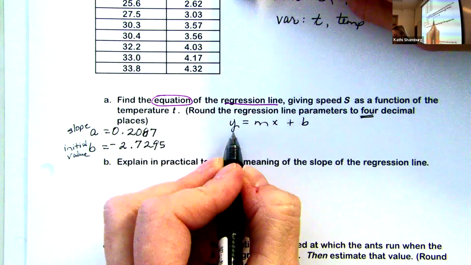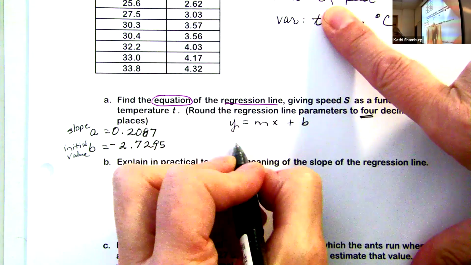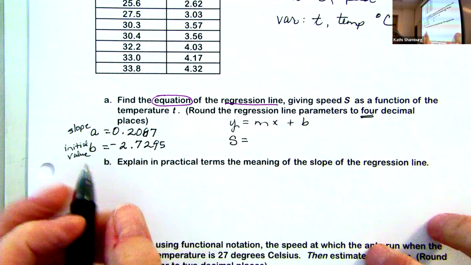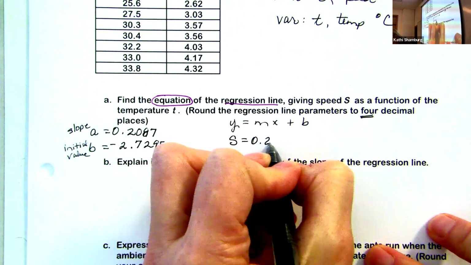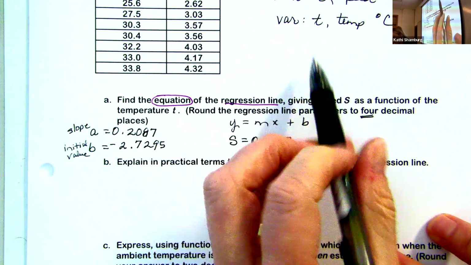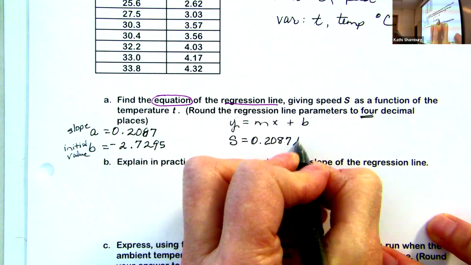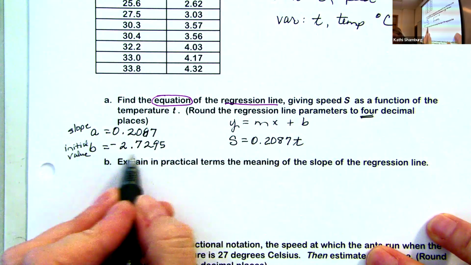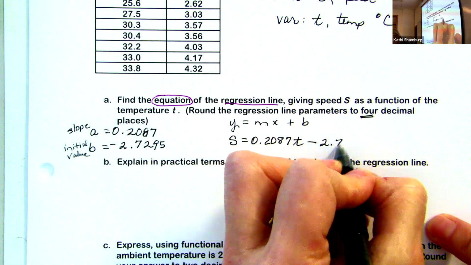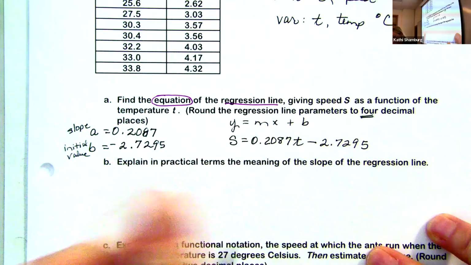Y is your function, and we called that s. The calculator gave us the slope of 0.2087, and instead of x, we're going to use t. And the initial value is negative, so I'm going to do minus 2.7295.